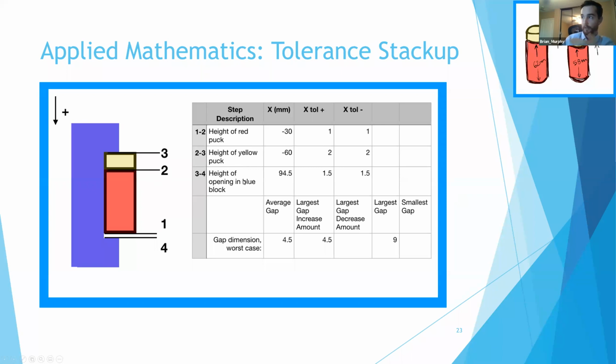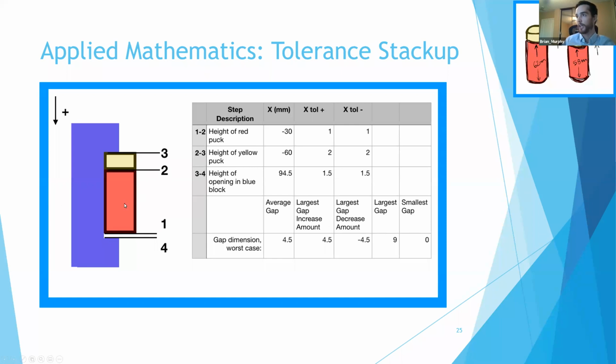And in exactly the same way, the cavity is 93 at the lower end, because 94.5 minus 1.5 is 93. 30 plus 60 is 90, plus 3 is 93. So you would have a gap of 0, meaning that this fits perfectly line to line inside of there. So in the worst case scenario, you would have a gap of 0 where it's barely fitting, but you designed it just right so that it does fit.